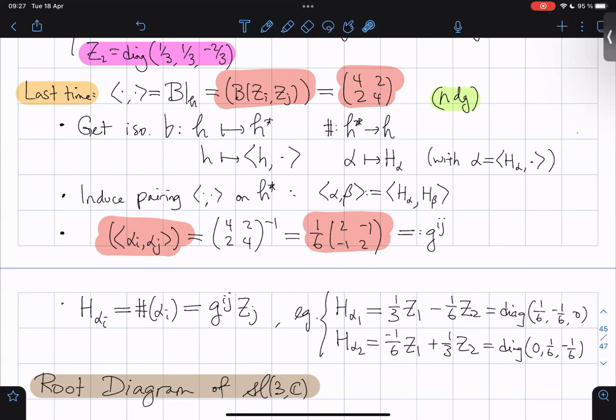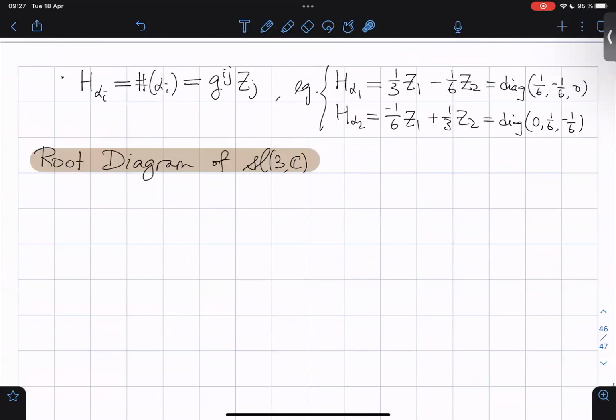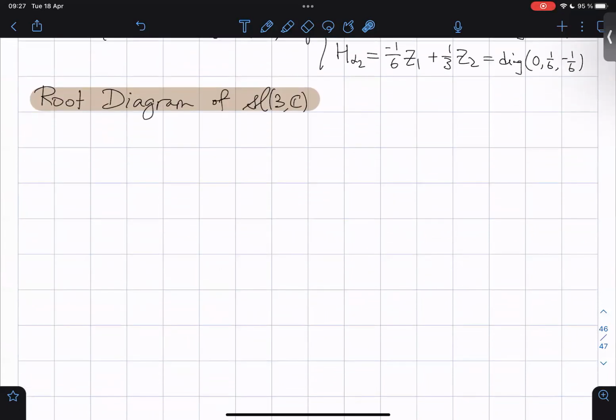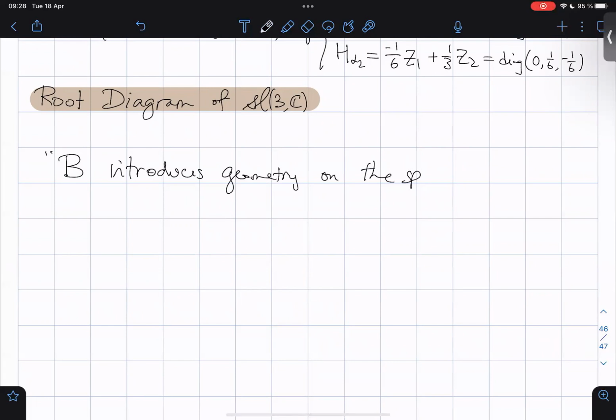Okay, so let's start in on the root diagram of SL3. The key idea here is that B introduces geometry on the space of roots. H star is a complex vector space, since H is a complex vector space, so the dual space is too.